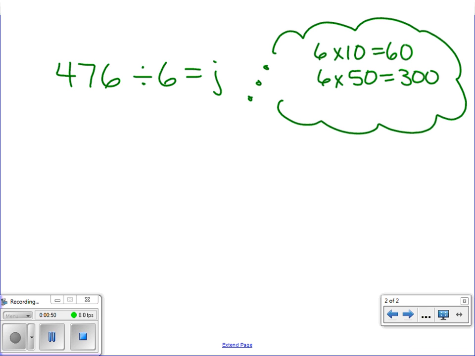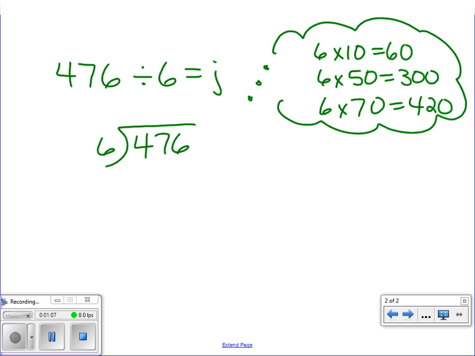And that's a little bit closer to my number 476, but not enough. I know 6 times 7 is 42, so 6 times 70 would be 420, and that seems a bit closer. So in my 476, I know that I have at least 70 groups.